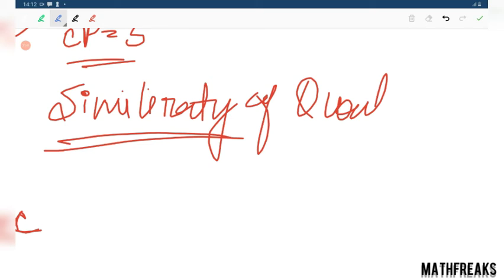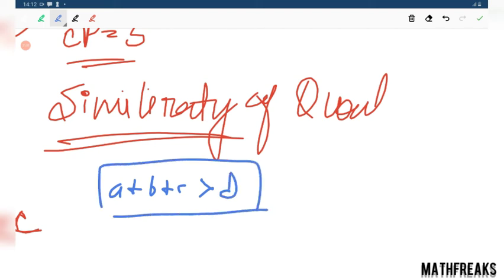Now in non-routine mathematics, even this question was asked. We already have discussed this in combinatorics. Using quadrilateral inequality, that is a plus b plus c should always be greater than d. There is a quadrilateral inequality, like triangle inequality.